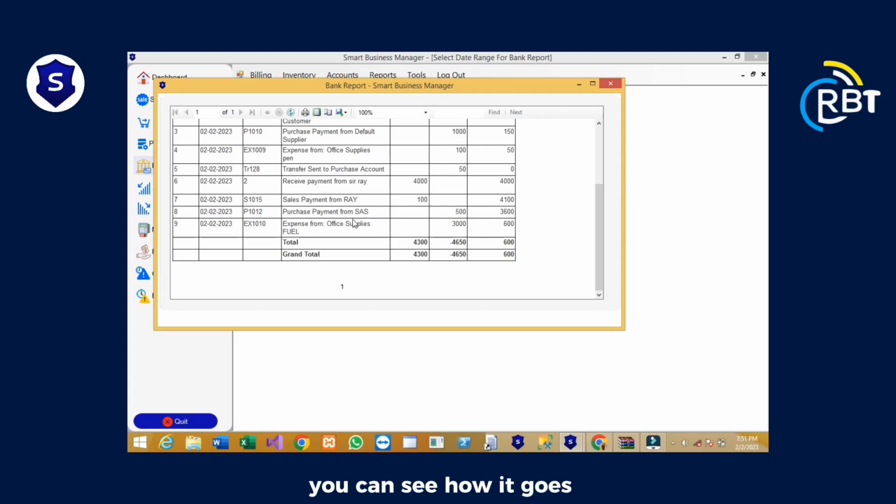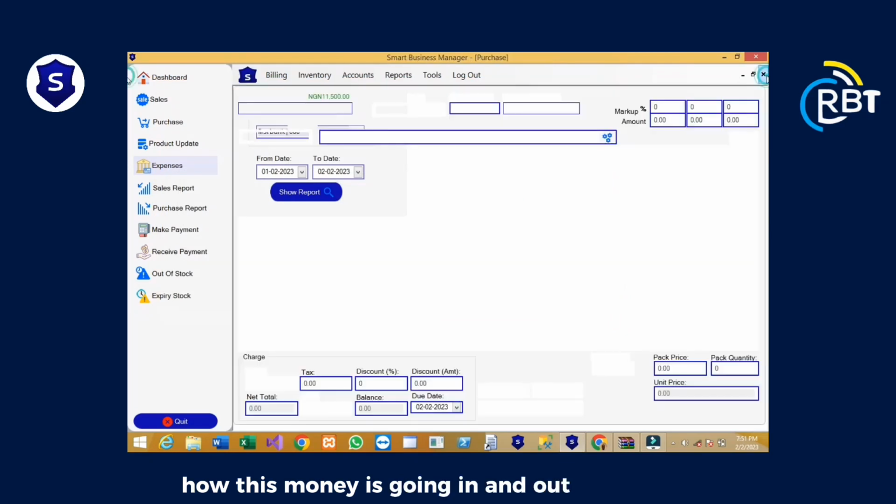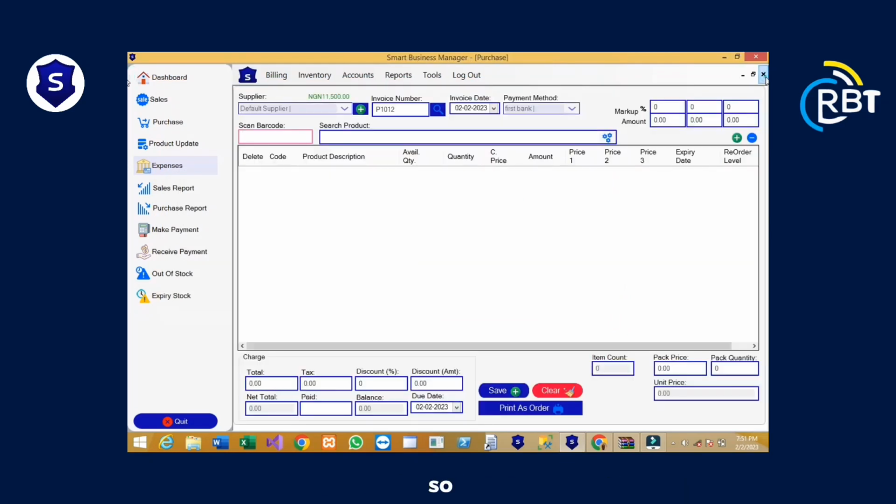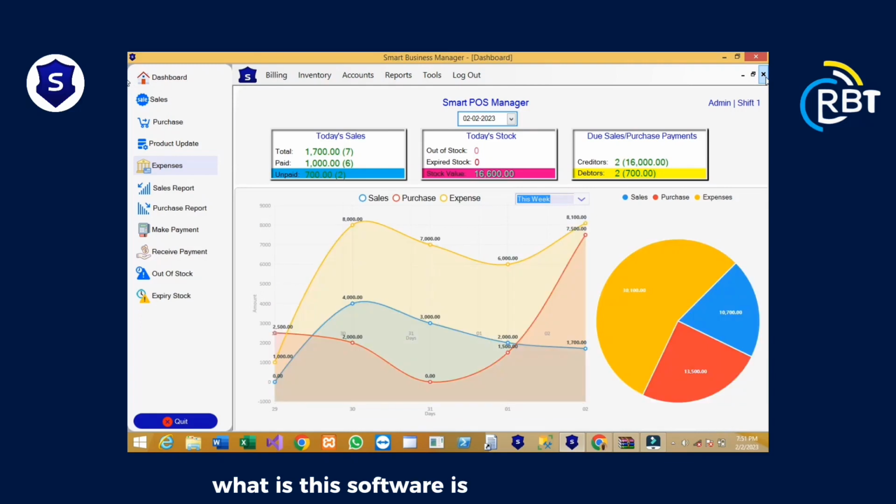You can see how it goes, so you can track how this money is going in and out of your business, right? So what this software is just doing for you is that at a glance, while you are making your transactions, managing your inventory and all that, your expenses and everything, the system helps you to track all the money.